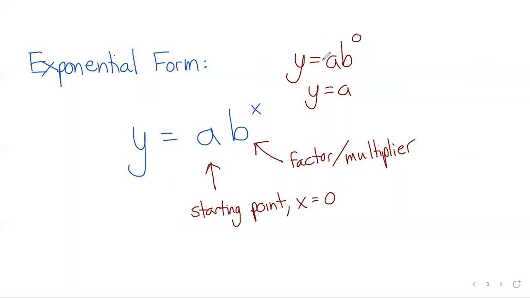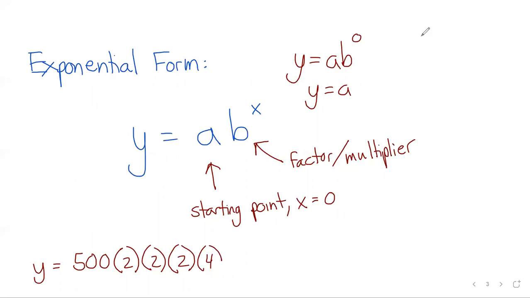So just to give an example with this, if a town has a population of 500 people, okay, so that's its population right at the beginning. And let's say it doubles every year. So after 1 year, after 2 years, after 3 years, after 4 years, etc. Pardon me, that's supposed to be 2.